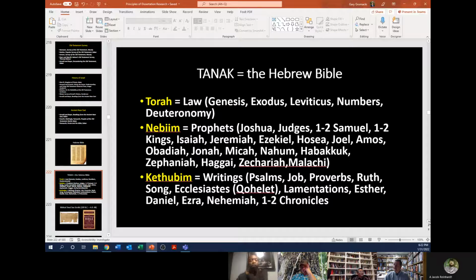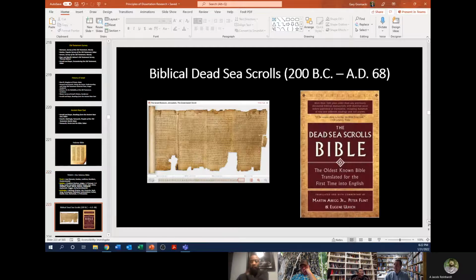Ecclesiastes, the Hebrew title, Kohelet. And we'll talk about the Dead Sea Scrolls a little bit later on, but they are the oldest copies of our Hebrew Bible, and so it's important, I think, to look at those and to do some comparative study, especially as you get into your Hebrew Bible exegesis classes. We're talking about the website, if you've not looked at it yet, the Leon Levy Dead Sea Scrolls site.